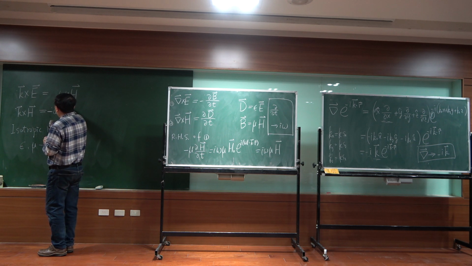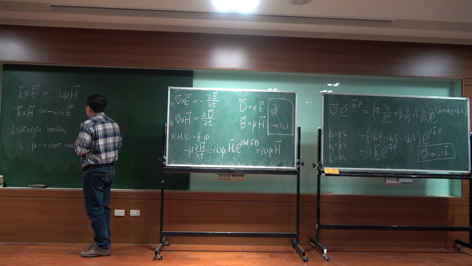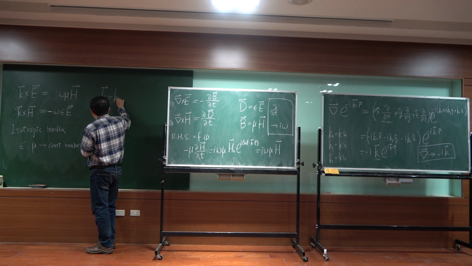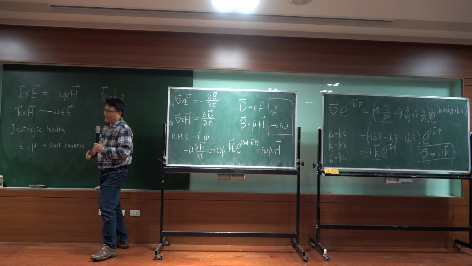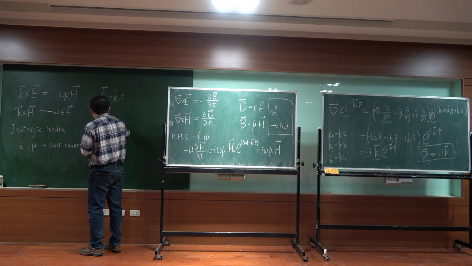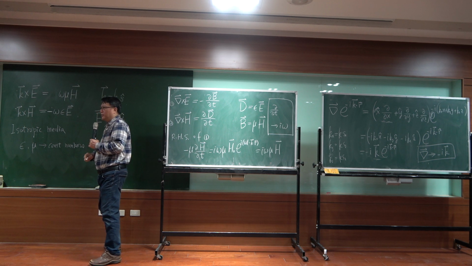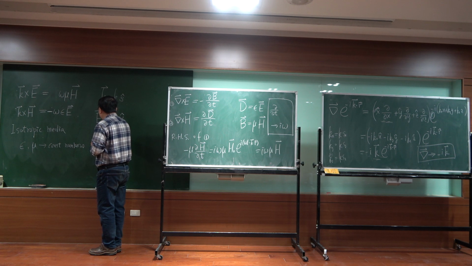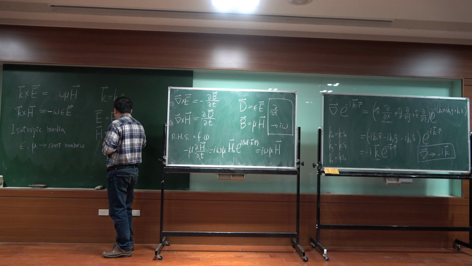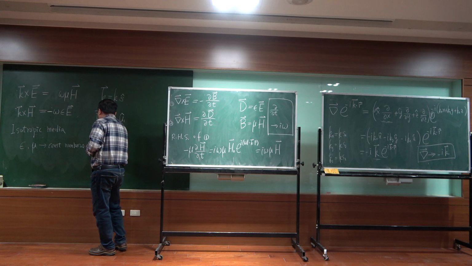Then what do these two equations tell us? We know that we can write k as k times the unit vector S. So if I write E as E times the unit vector U1 and H as H times the unit vector U2, here E means E0.